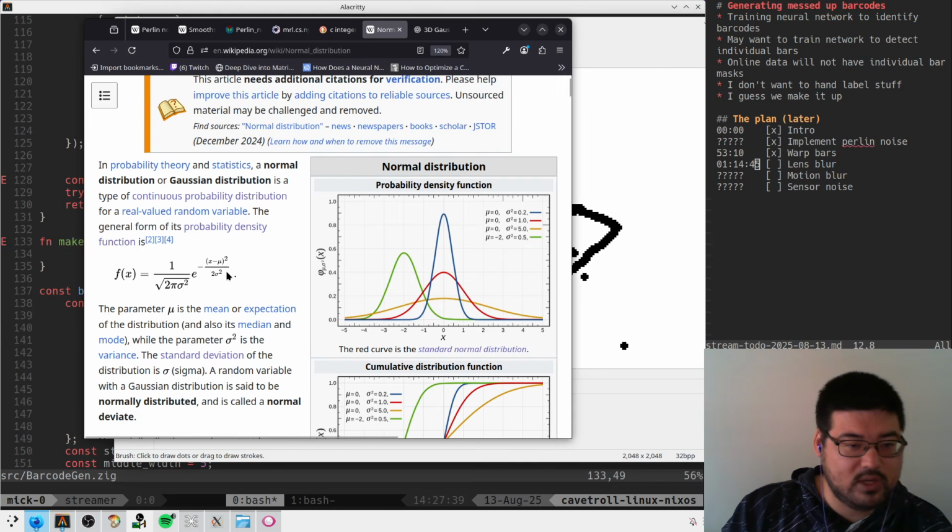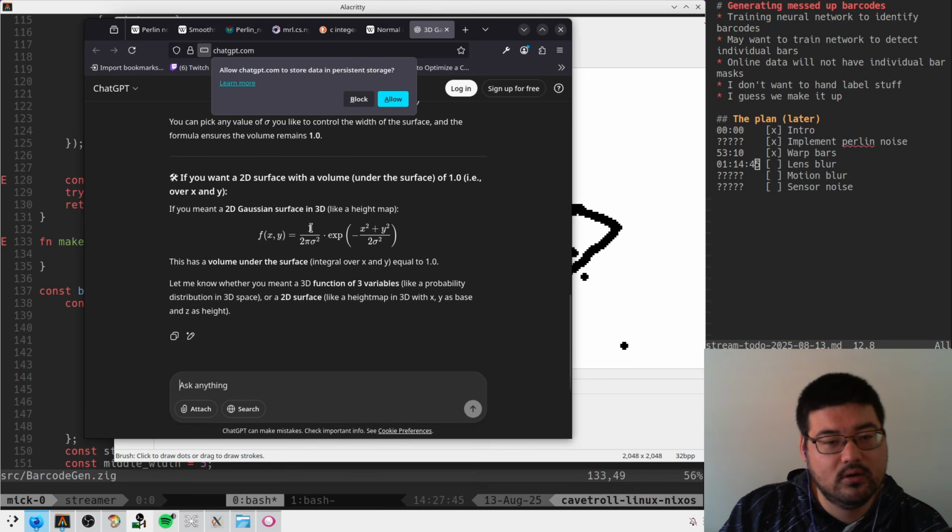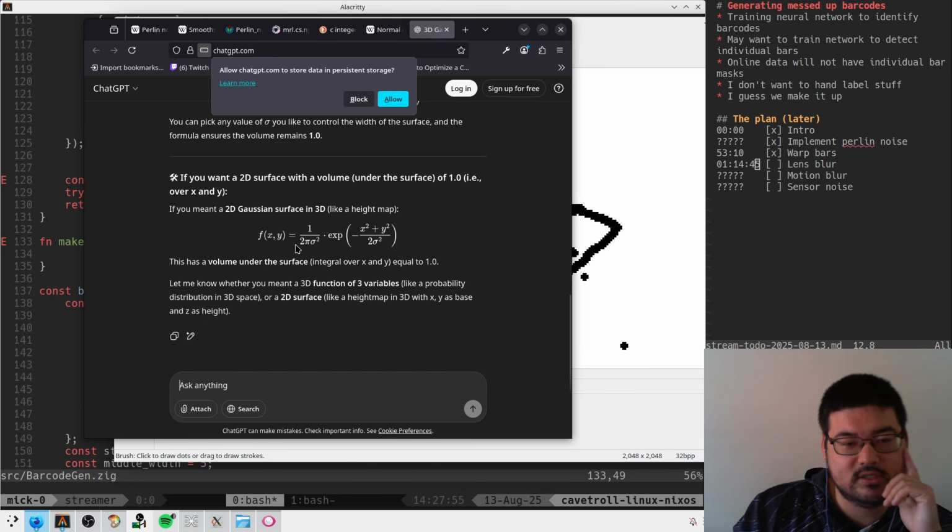And there's a 3/2 for the power of this thing instead, is what he's saying. If you meant a 2D surface or the volume of this in 3D, it's again kind of the same. Yeah, very similar.